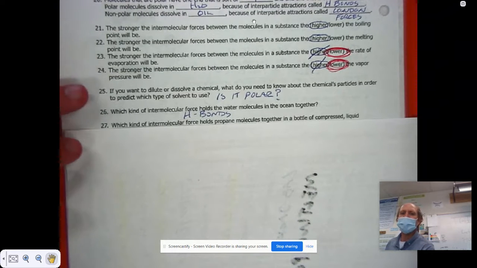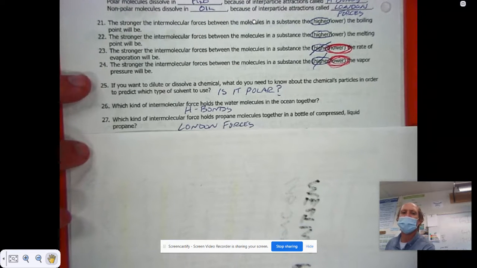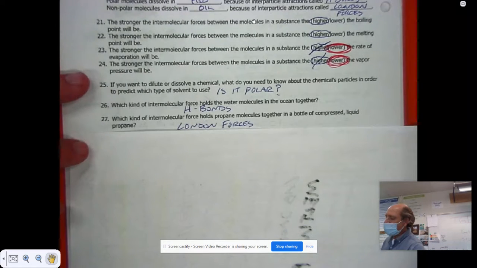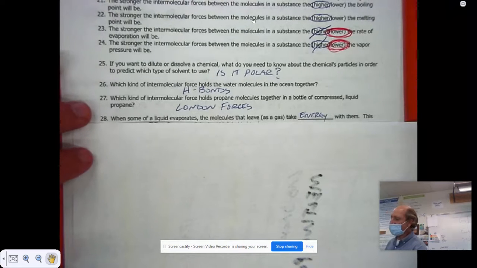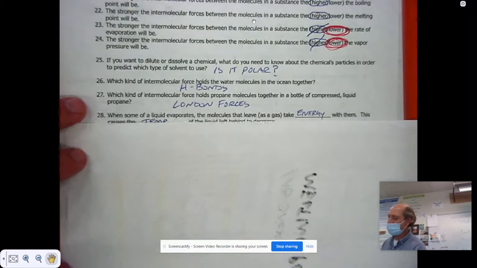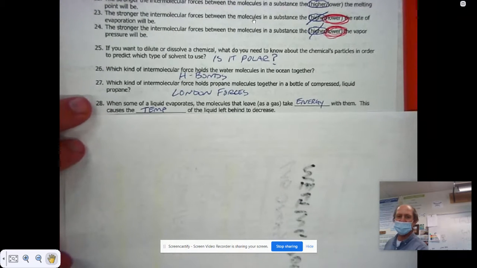Which kind of intermolecular force holds propane molecules together in a bottle of compressed liquid propane? That'd be London forces. It's because water's polar and propane is nonpolar. When some of a liquid evaporates, the molecules that leave as a gas take energy with them, and that causes the temperature of the liquid left behind to decrease.